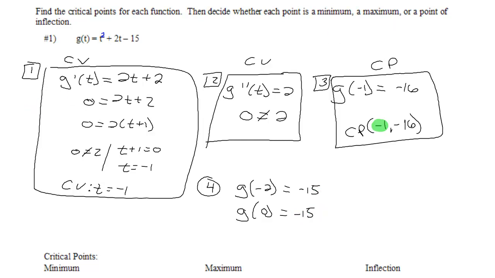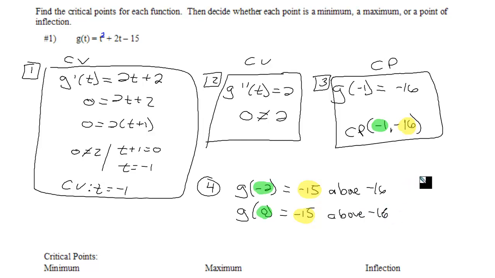So once again, I'm putting these test points in, comparing them to this green test point. I pick one to the left and one to the right. And then I compare these y values to the y value of that critical point. Negative 15 is above negative 16. Negative 15 is also above negative 16.